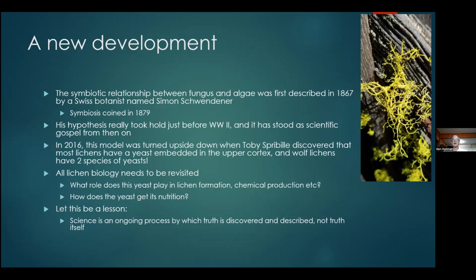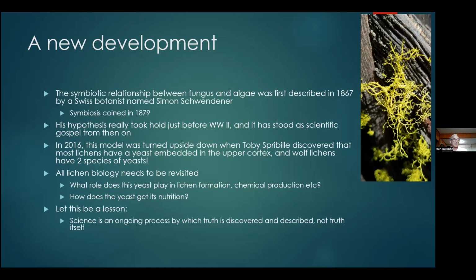Now, what is a yeast? A yeast is simply a single-celled fungus. It's in a different group of fungi than the ones that form most of the lichens, and we'll talk a little bit more about that later. But what does this mean?